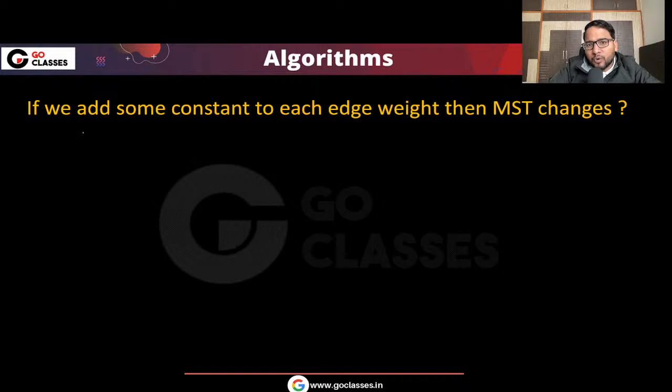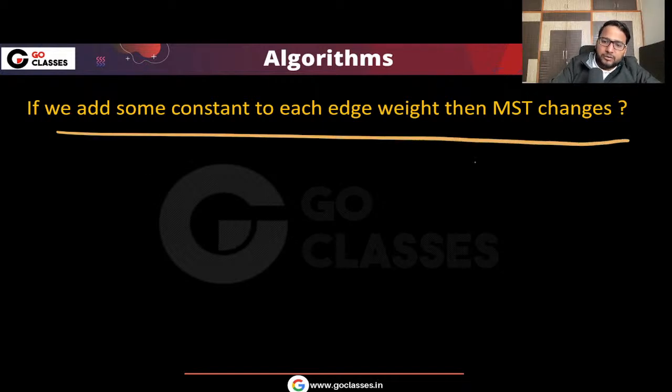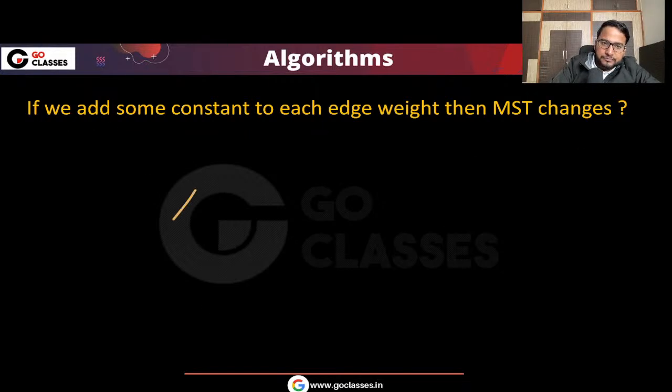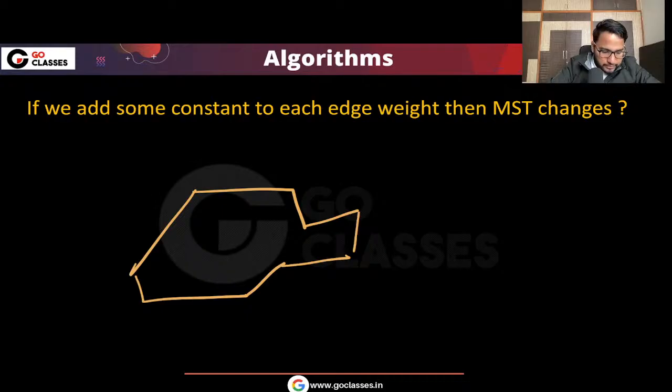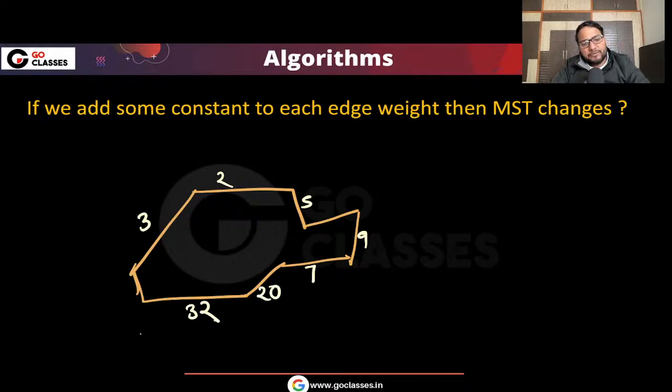Let's suppose we add some constant to each edge weight. Does the MST change? What do you think? Suppose the weights are 3, 2, 5, 9, 7, 20, 32. Even if you add plus 5 everywhere, will this change anything?